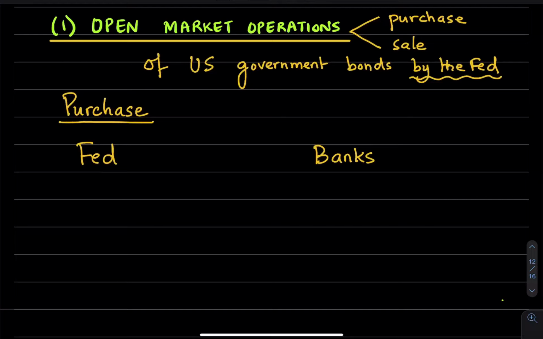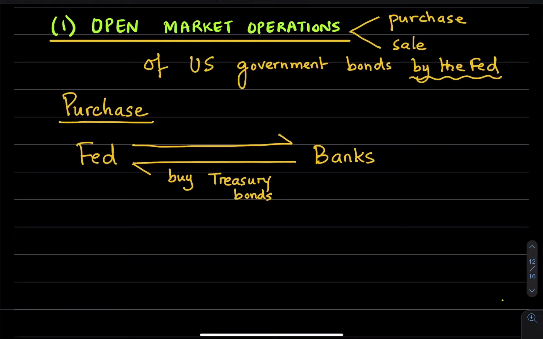Now the Fed could purchase Treasury bills or U.S. government bonds, so they could buy Treasury bonds in exchange for, obviously, whenever you buy something, you have to give money in return.